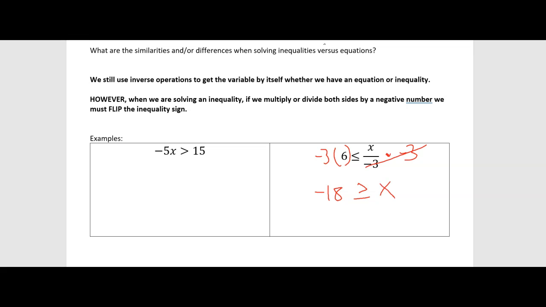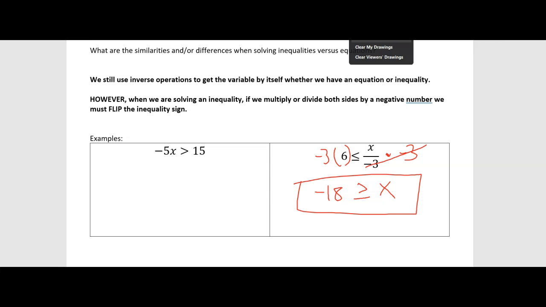So this one I would read x is less than or equal to -18. I'm not going to go through and show you the solutions because we just did that for the first example, but you could go back and test a number that's less than or equal to -18. Maybe you test -20 and see if that works. And you would see that it does.